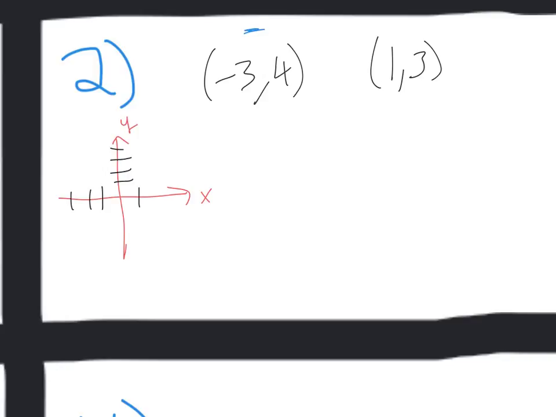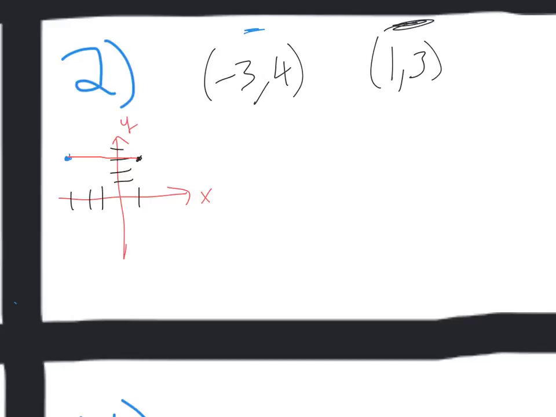That will be negative 3, 4, somewhere right along there. And 1, 3 would be up here. I'm sorry, let me do that in a different color. That will be in black. Okay, so we want to find the distance of that red line from the blue dot to the red dot.